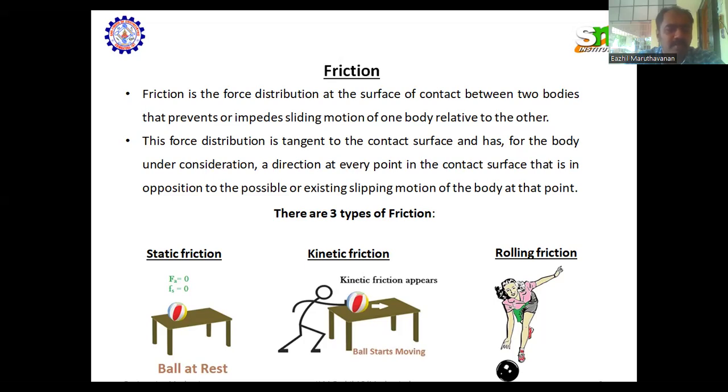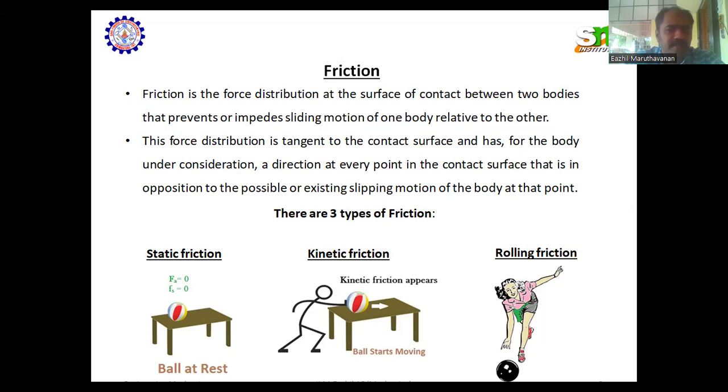Always the self weight of the object acts perpendicular to the ground plane, whether it is inclined, lies on the horizontal surface, or is hanging. When the object is in contact with the surface, a reaction force occurs on the contact surface. So the reaction force is perpendicular to the surface on which the object lies.